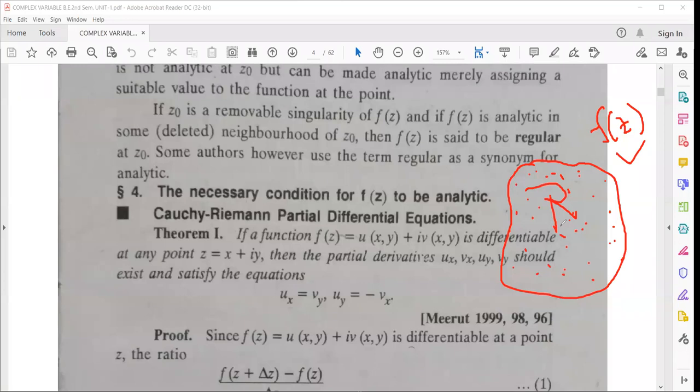Then how to check whether the function is analytic or not? That will come here. The necessary condition for f(z) to be analytic, you can check by the Cauchy-Riemann equation.